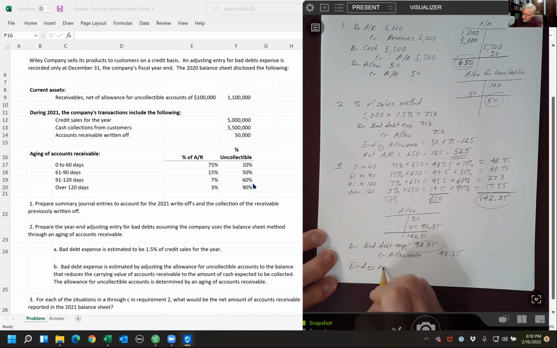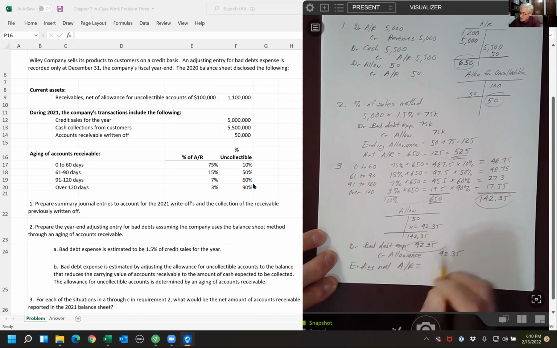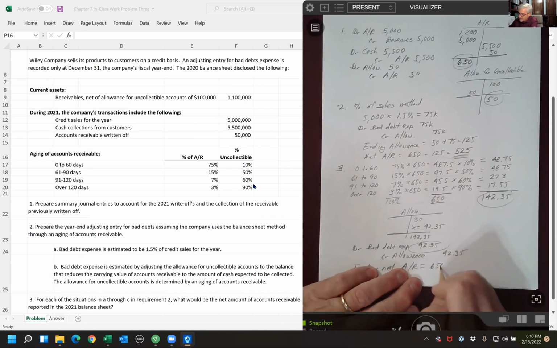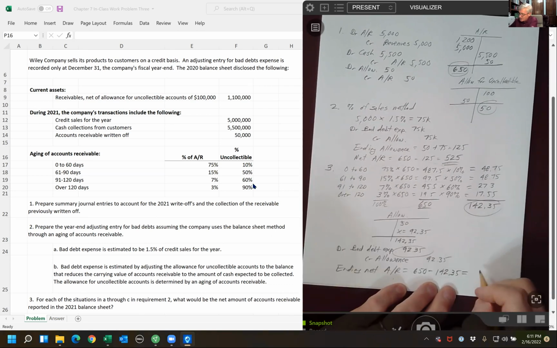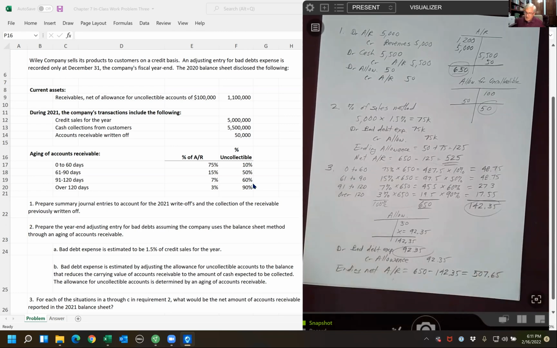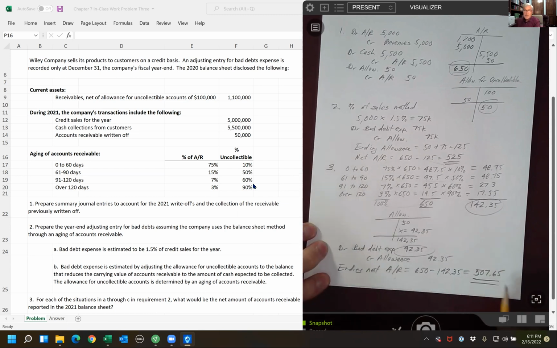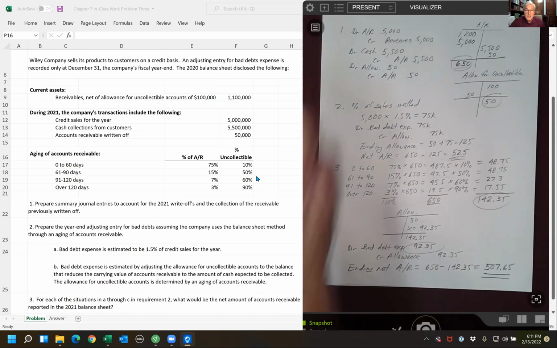Ending net AR equals 650 minus the ending allowance account, 142,350, and that's equal to 507,650. When I check my math, $507,650. There you go.